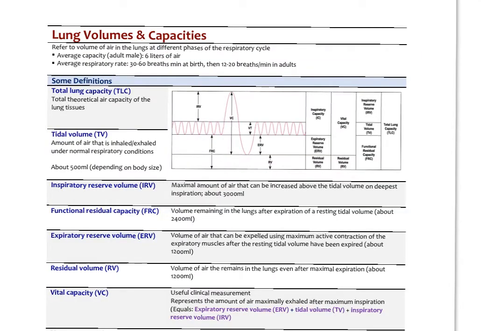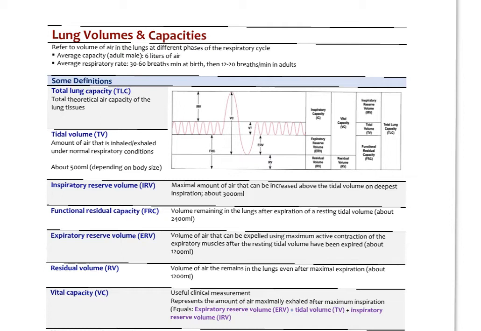Now, there are a couple of important physiologic measures which can help us measure the volume of air going in and out of the lungs. And this is going to have a clinical application because it's going to be very helpful for differentiating clinically different types of respiratory disorders. There is a machine called a spirometer that can allow us to assess these pulmonary capacities and volumes.